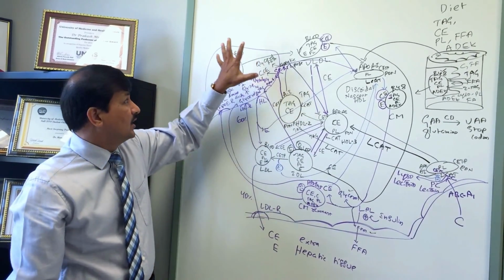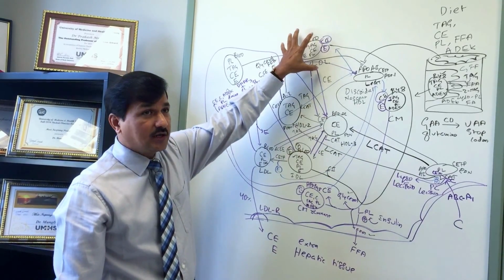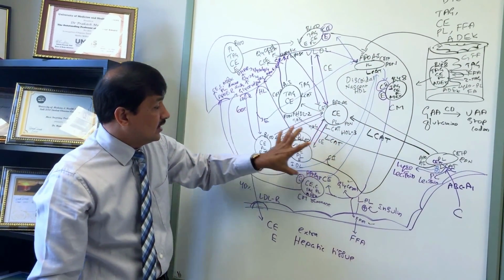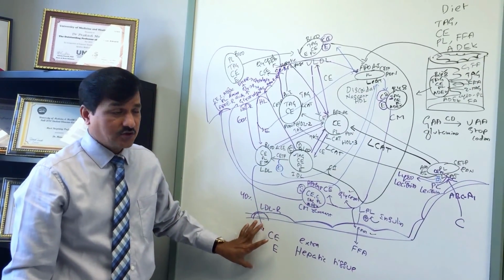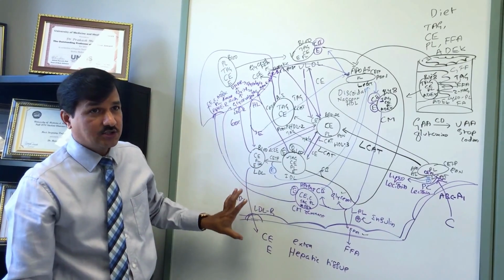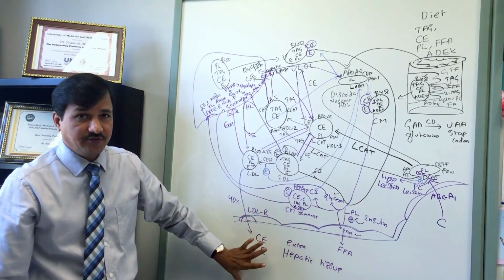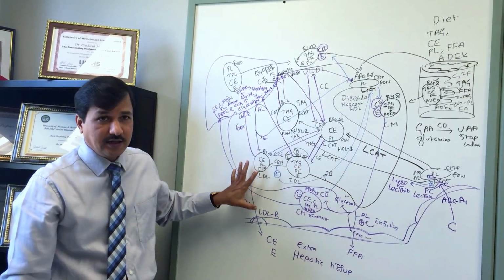Normally, the liver synthesizes cholesterol and puts it onto VLDL, VLDL is converted to IDL, IDL is converted to LDL, and LDL is taken up by the peripheral tissue. That is the onward journey of cholesterol: cholesterol coming from the liver to the peripheral tissue, helped by VLDL, IDL and LDL.